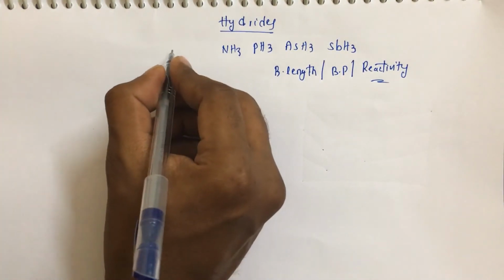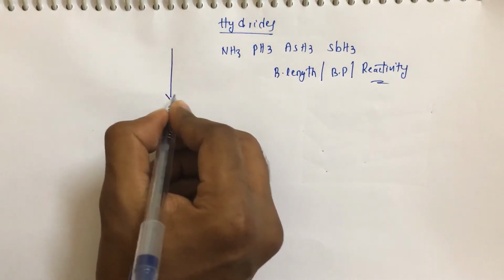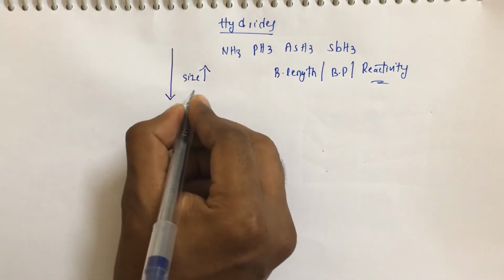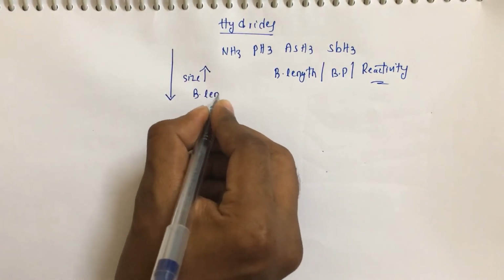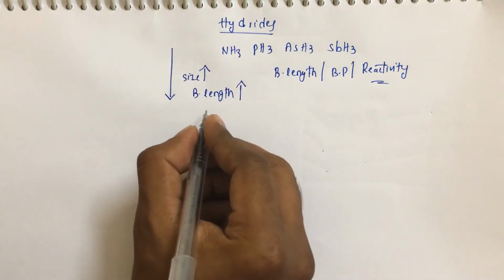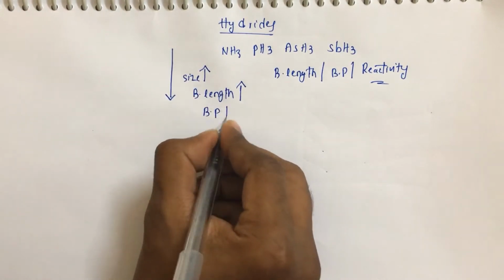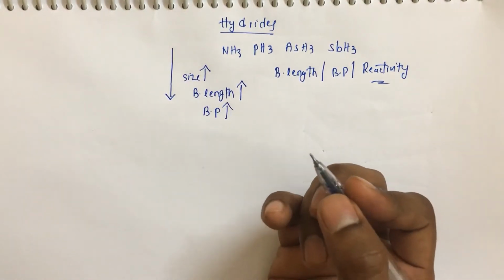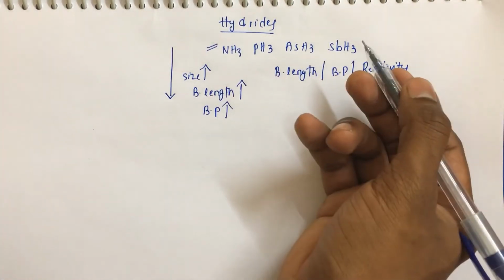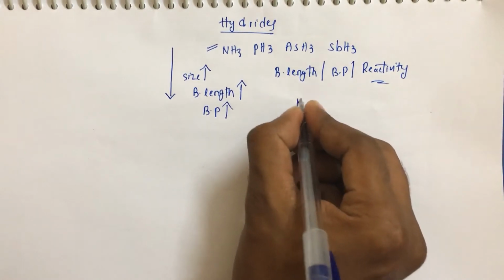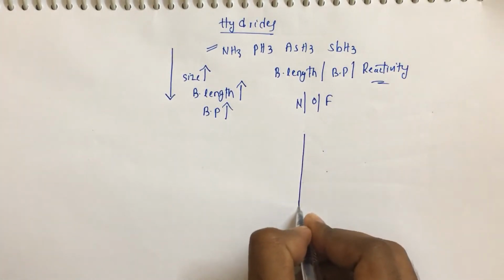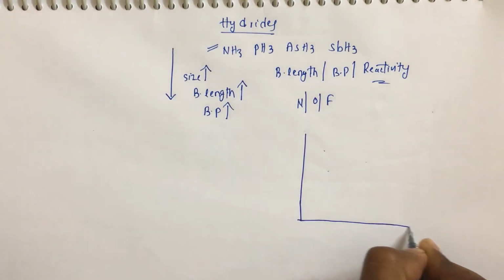As we know, down the group size is increasing, so because of that bond length also increases. If bond length increases, boiling point also increases. But for the nitrogen group, like nitrogen, phosphorus, arsenic, and also oxygen and fluorine, all these groups show some unexpected boiling points.